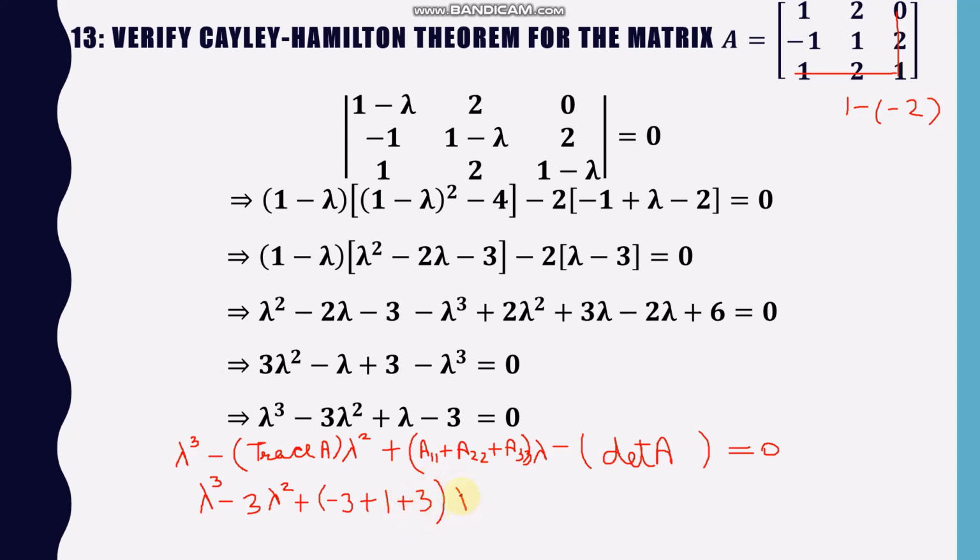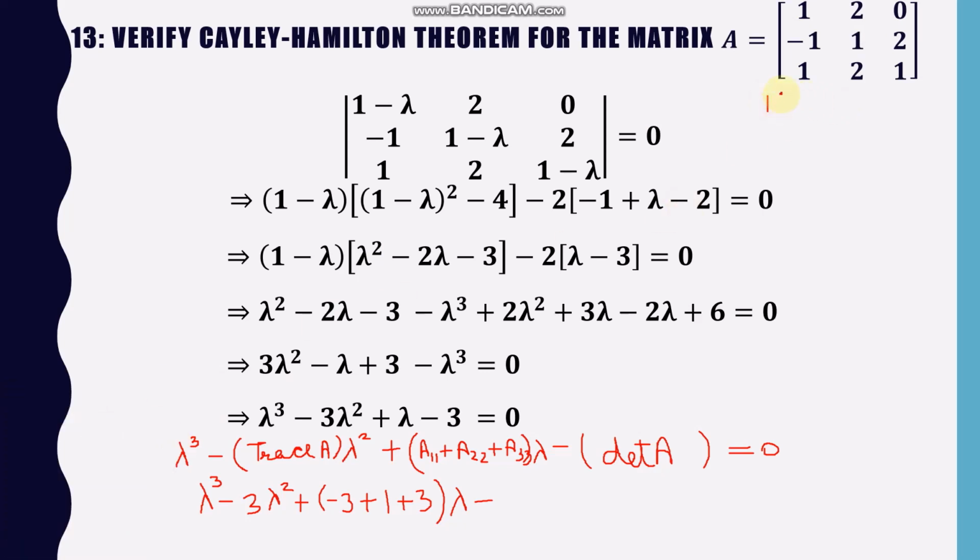Into lambda minus the determinant. Now we'll find the determinant of this matrix. What is the determinant of this matrix? You can see here, we can expand it through the first row.